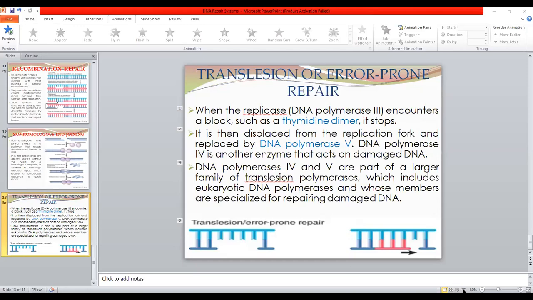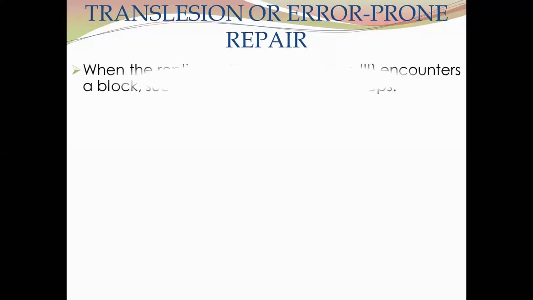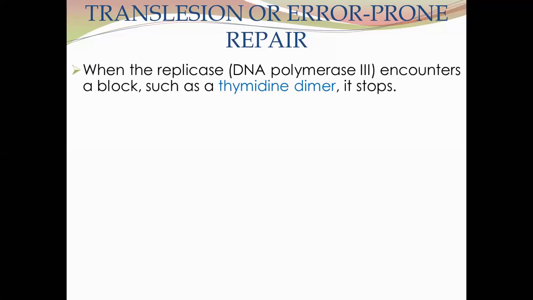So in this case, the replicase, DNA polymerase III enzyme, is commonly known as replicase. When this DNA polymerase III encounters a block, a damaged segment of the DNA, it stops functioning.